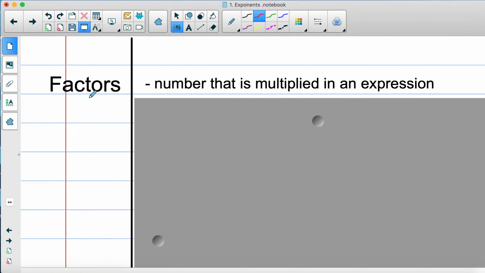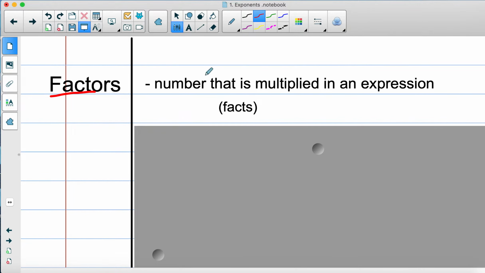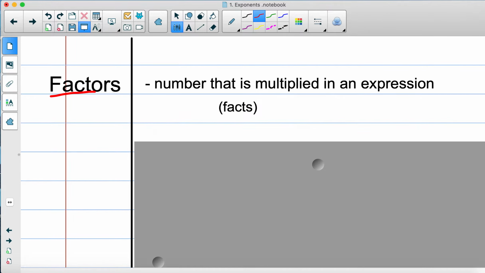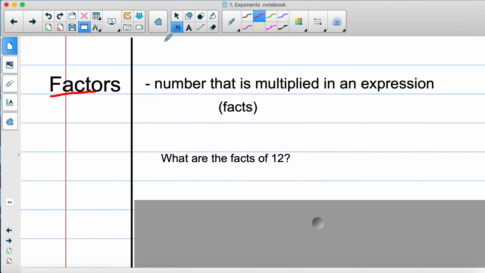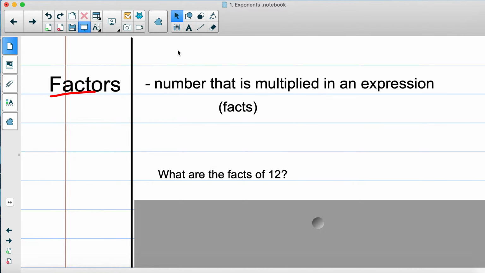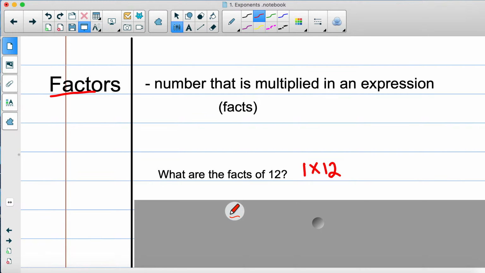Well, a great way to remember factors is this word right there, facts. Factors are facts. So that's the definition we're going to start using. Factors are facts. So if I asked you to tell me the facts of 12, you could write them 1 times 12, 2 times 6, 3 times 4.